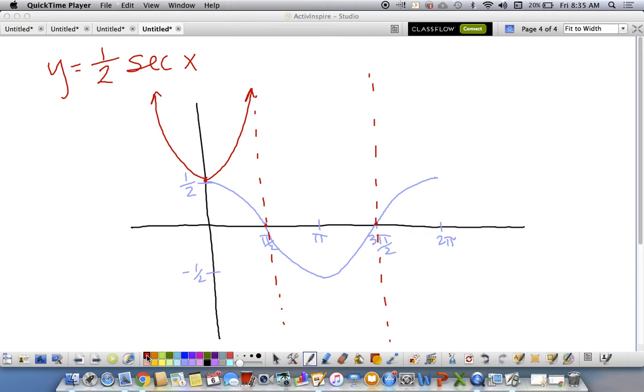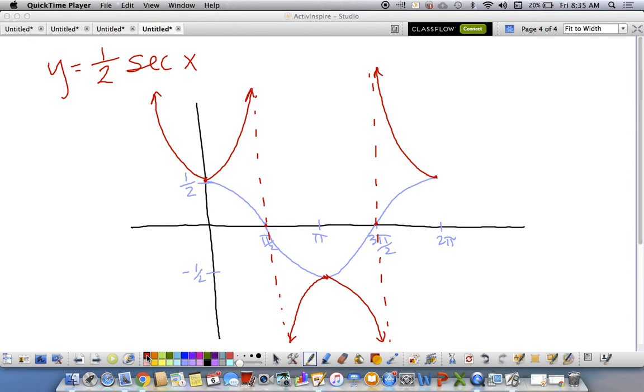Okay. So, original function decreasing, reciprocal function is increasing. It jumps across the asymptote, so it's decreasing, so its reciprocal function is increasing. It's increasing, so the reciprocal function is decreasing. It jumps across the asymptote.